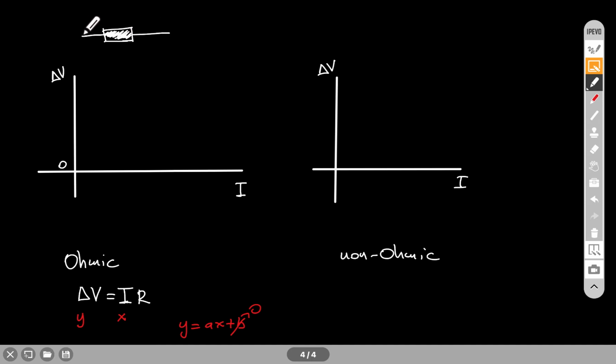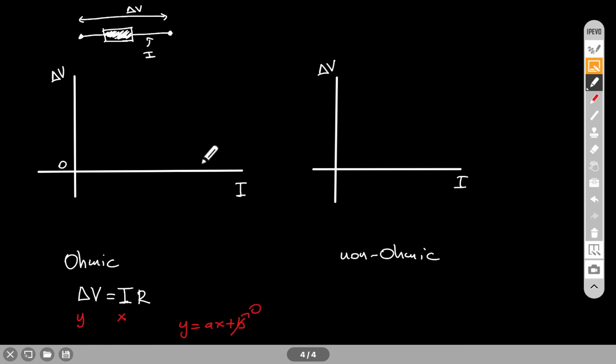What I can do is place the two electrodes of a voltmeter and measure the delta V between the two sides. And then I can place an ammeter here. This would be your ammeter, where you can measure the current that flows through the device.